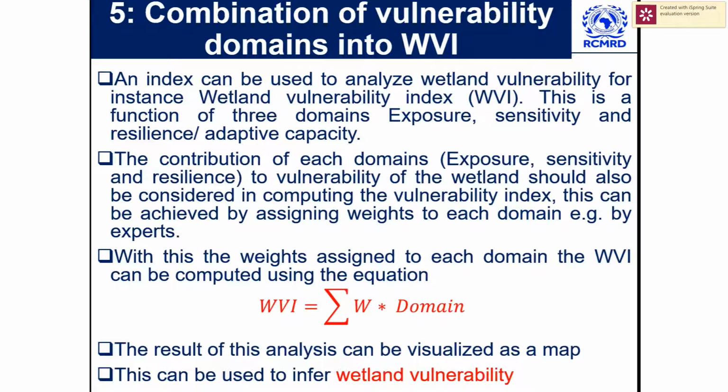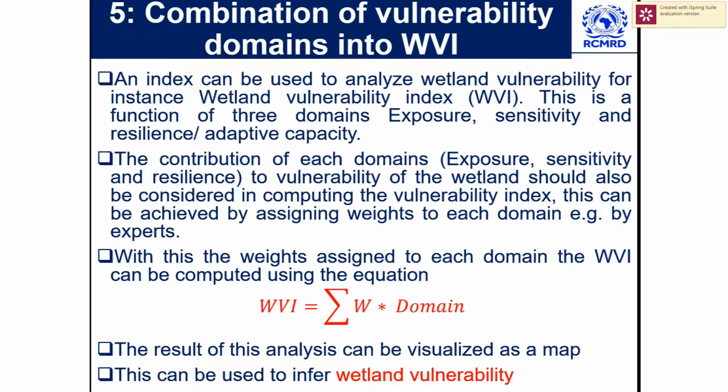For some it may be, but for others it may not be. For example, looking at the sensitivity, a wetland that is located in a protected area will have less weight assigned to the sensitivity layer compared to a wetland that is just in communal land.